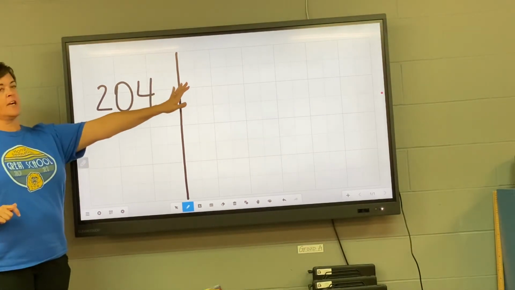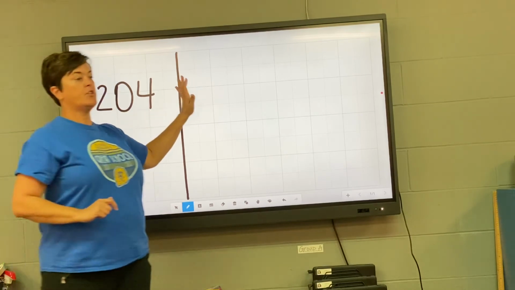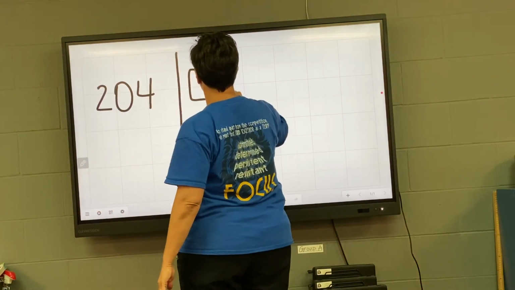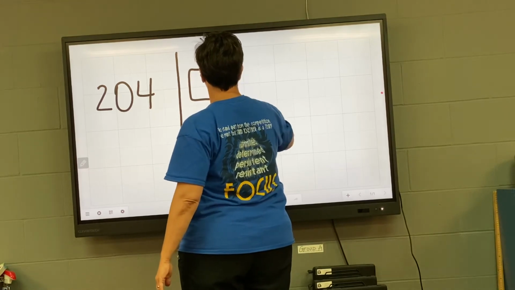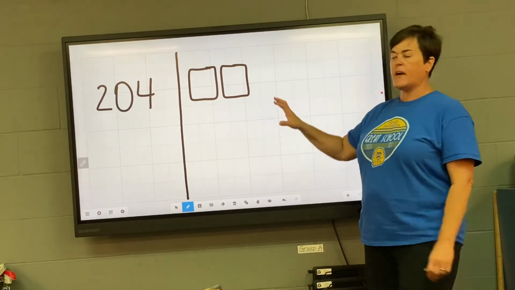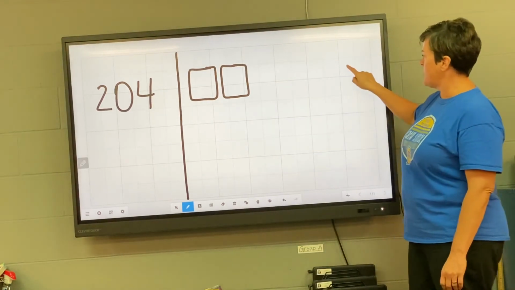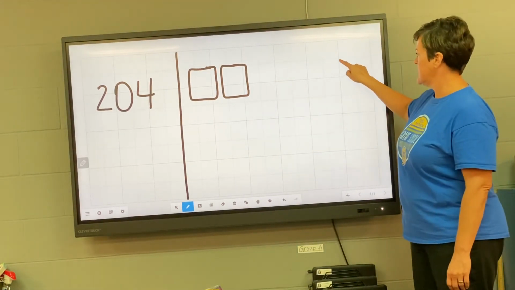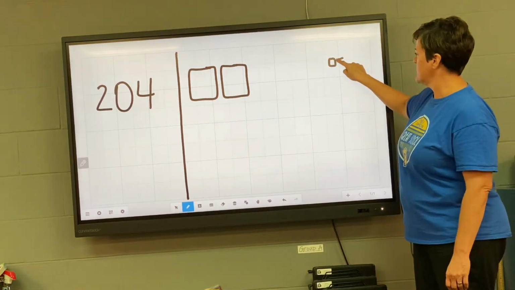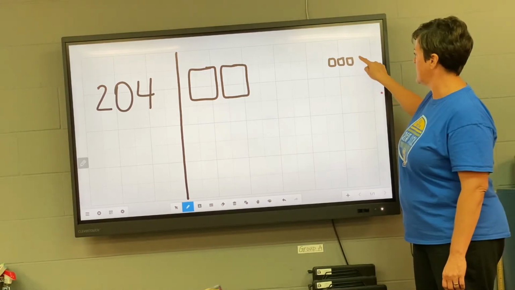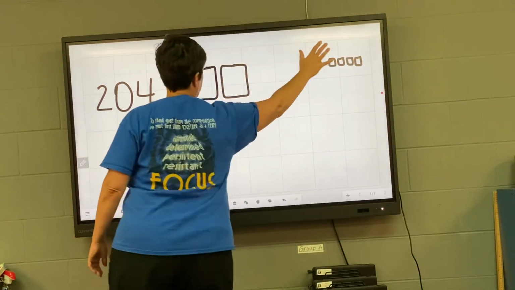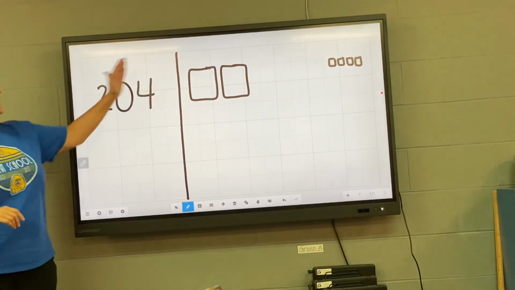So then come over here and let's show 204. 1, 2. Do we have any 10s? No. Do I probably need to leave a space and then put my 1s over here? Okay, so I'm gonna go 1, 2, 3, 4. Do I have 204? Yep, on both sides of my board.